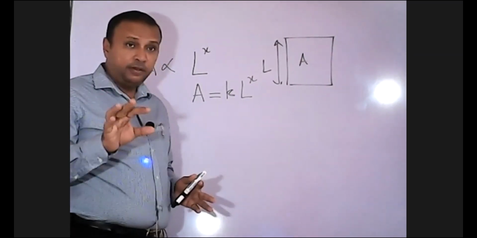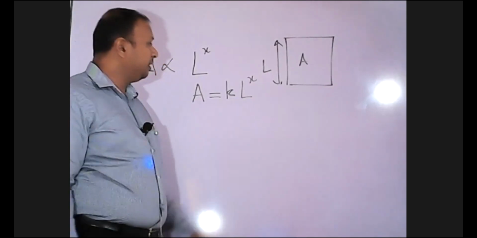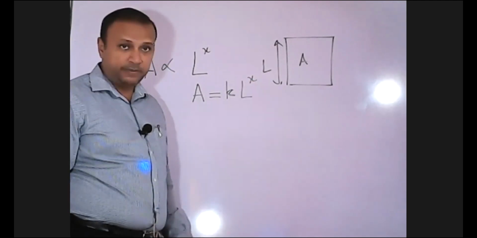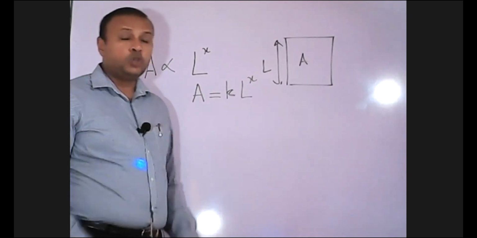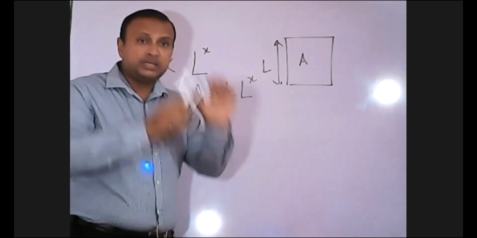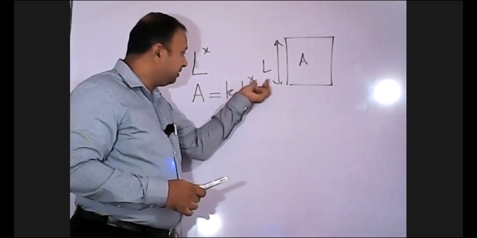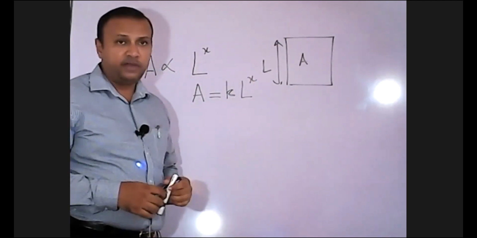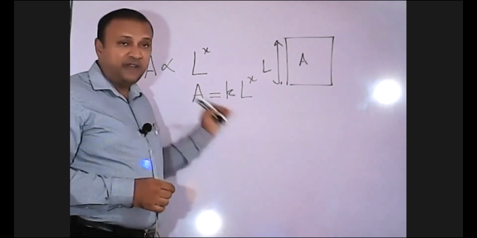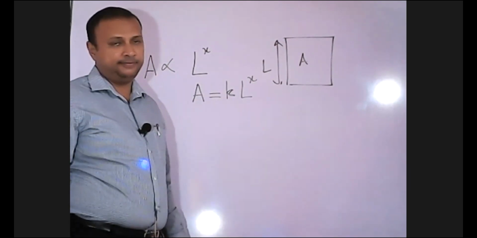So if this value is given, the only thing we have to determine is x. After this step, we are going to use dimensional analysis to determine the value of x.